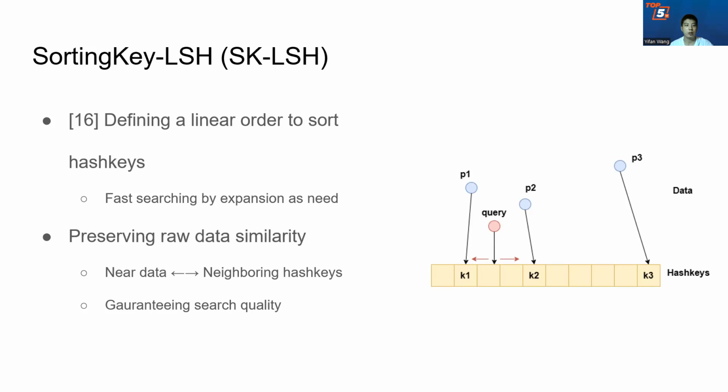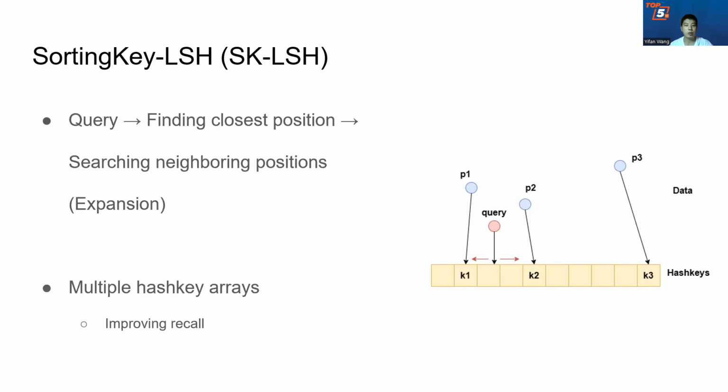And SKLSH will search like this. Given the query, it will first find the closest position on the array for the query by the hash key. And then it does expansion, that is searching the neighboring positions to find enough candidates and return them to verify as answers. And it usually deploys multiple hash key arrays to improve the recall.